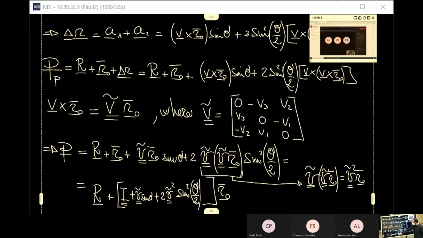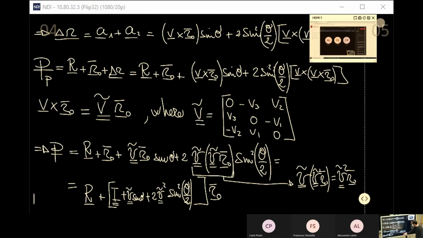All of this is within the brackets. This is a matrix, you see? It's a matrix which has the same dimension as R0. R0 is a column vector which is 3 by 1 in 3D space in general. So this has to be a 3 by 3 matrix. Acting on a 3 by 1 gives again a 3 by 1 vector.